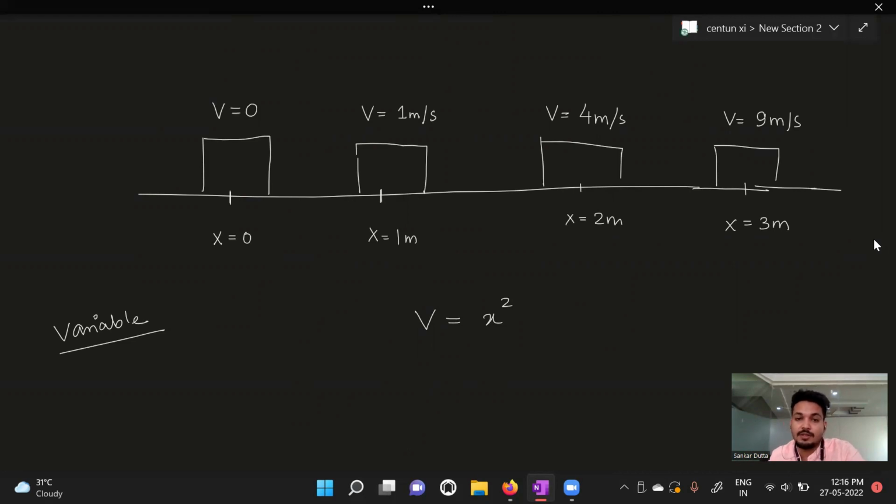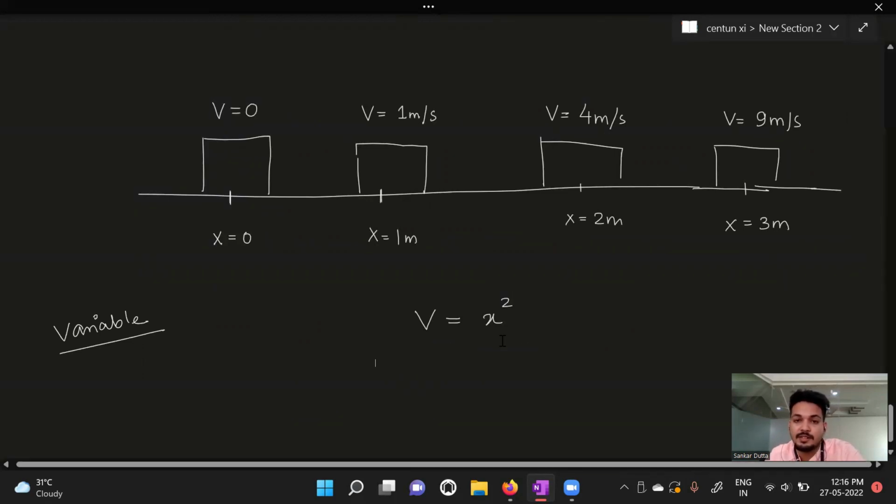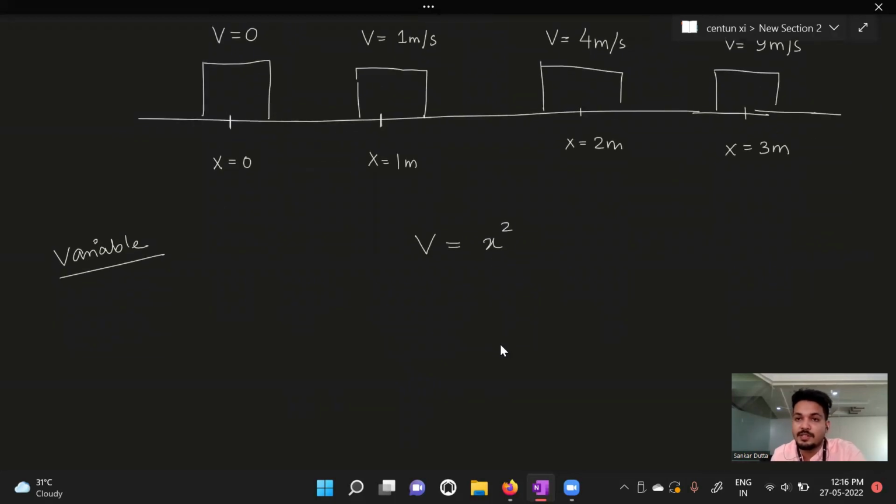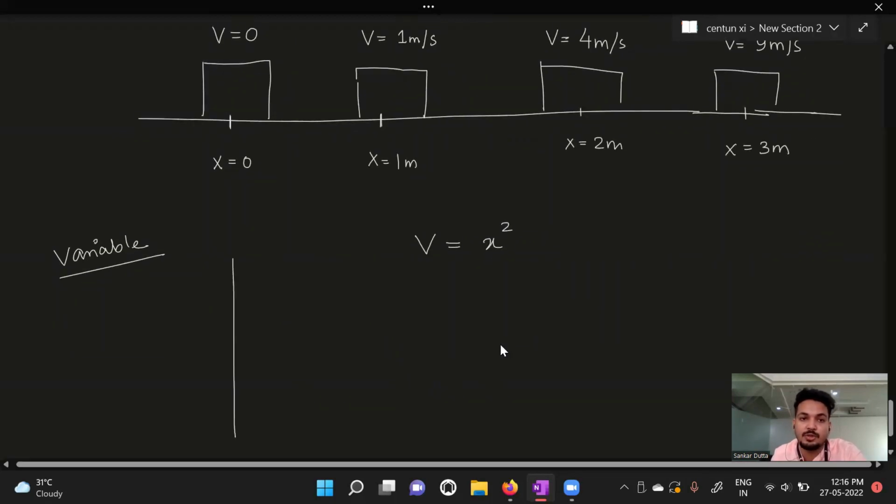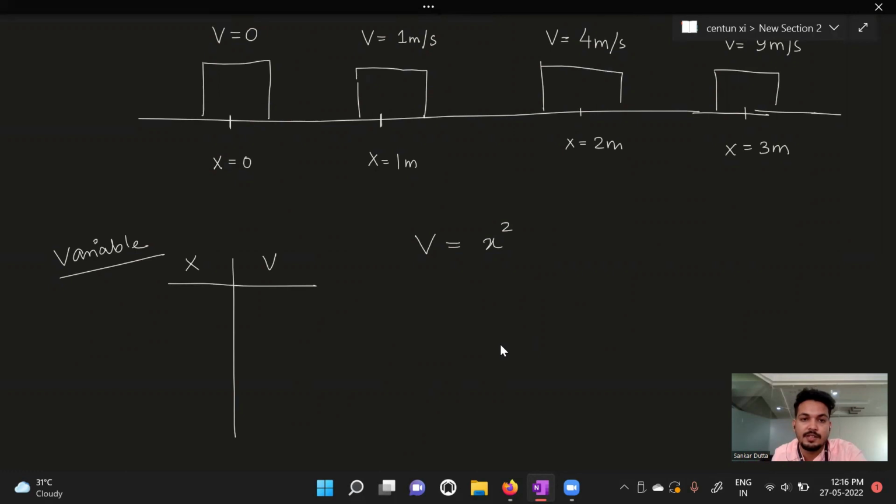Okay. So here I want you to understand why we have to express v in terms of x. Otherwise, if you can't express this in terms of x, to any person you are explaining to, you have to give them a huge table. You have to tell them, sir, see, you have x in one column and v in the other column, and you will make a table like this.